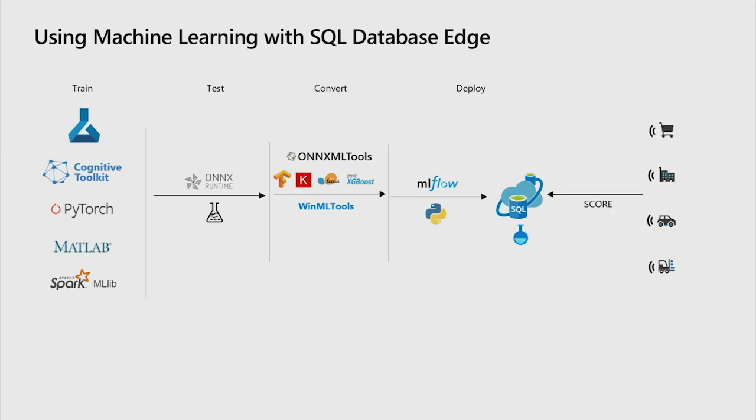And then any data that's coming into Azure SQL Database Edge can be used to predict any sort of output that you desire. So whatever you were doing with R and Python, you can actually now do at the edge, but using ONNX as a runtime. I'm going to stop here and see if there are any questions.